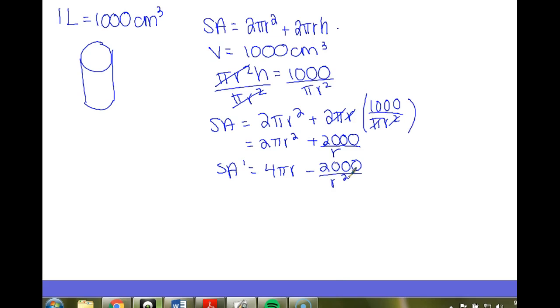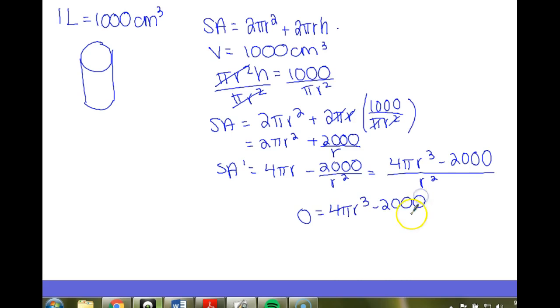To find your roots, I would make this 4 pi r cubed minus 2,000 all over r squared. A cubic's only going to have one answer. The bottom is 0. Can the radius of a cylinder be 0? No, so we can toss that out. So we get 0 equals 4 pi r cubed minus 2,000.